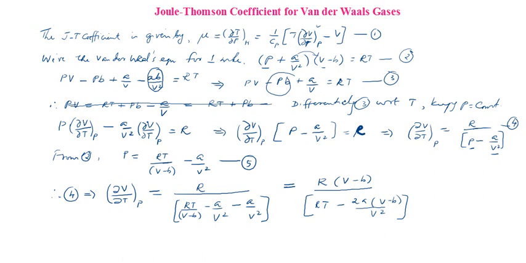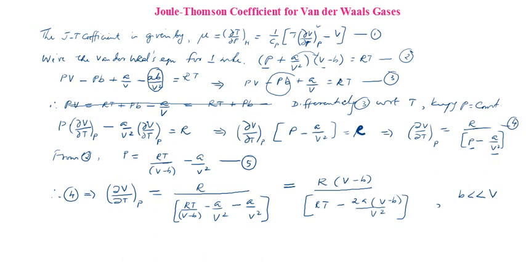Compared to the V square term, this V minus B term can be written as simply V, because B is very, very small compared to V. I'm doing this change only in the denominator, because that will not make significant changes in the values of the quantity.